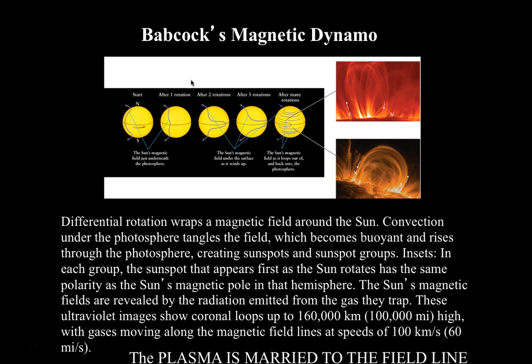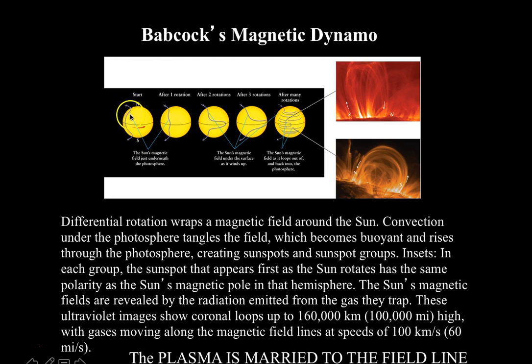All right, this is the current theory for where these magnetic field lines are coming from. Remember that the key thing here is that the rotation of the material on the surface of the sun along the equator is much faster than that at the poles.